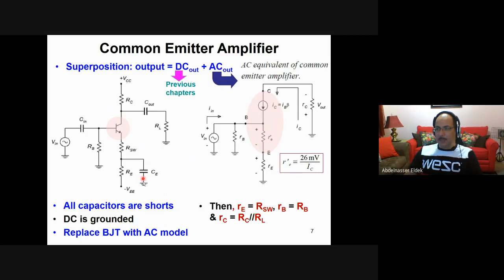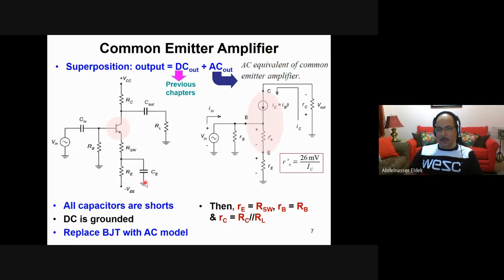And this CE, the capacitor, will short this resistor. Then this RE here will be this little RE, equal to RSW, not this one. You cancel this one. Again, here this is a ground.